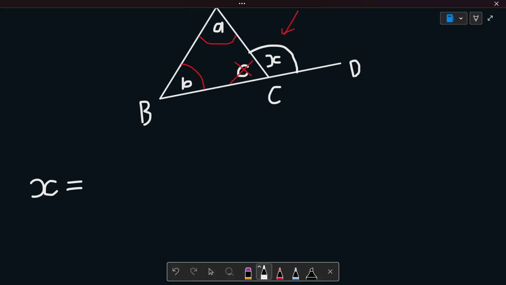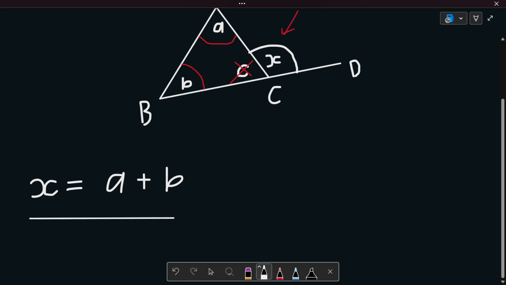I just wanted to make sure that you understand how we name sides, angles, and triangles in general. X is equal to the sum of the interior opposite angles, so it's going to be A plus B. That is going to be our equation that we use in order to find the exterior angle.